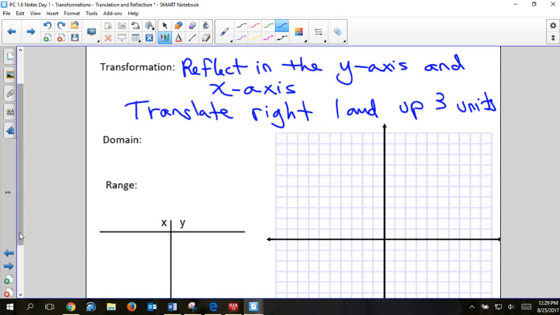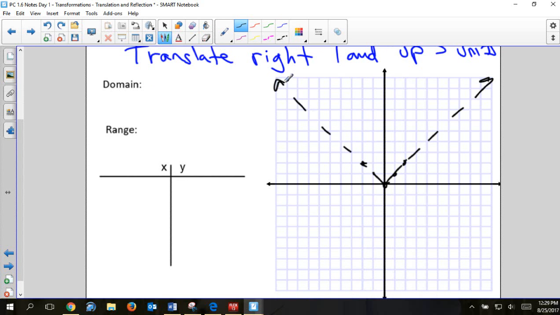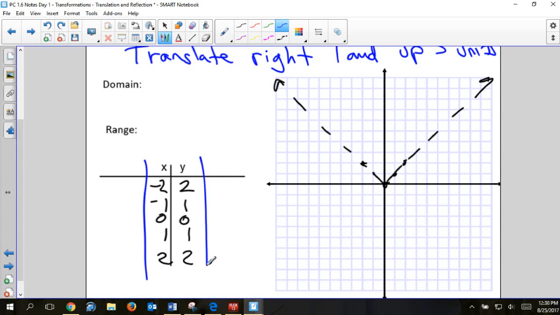So when we do our ordered pairs, our parent function is just absolute value. I'm going to use -2, -1, 0, 1, 2, with y values 2, 1, 0, 1, 2. When we do our table, what operation should we do first?